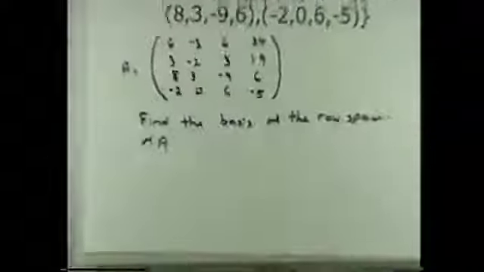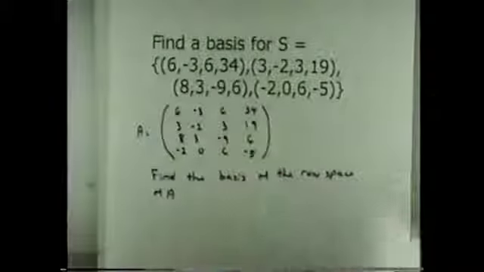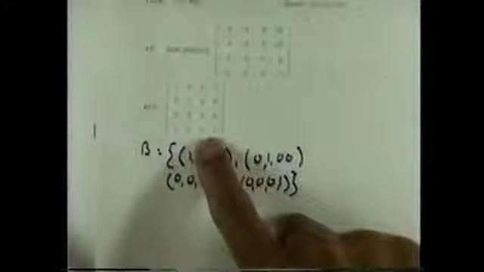So the basis for the row space of A will be the non-zero rows. Therefore, the basis for set S is going to be the non-zero rows of my row reduced matrix, which will be the same set.